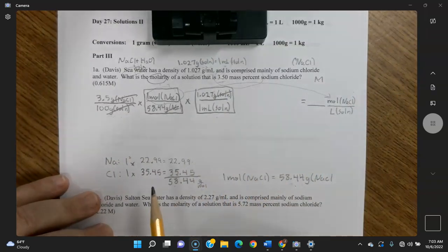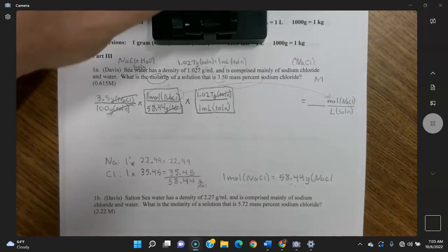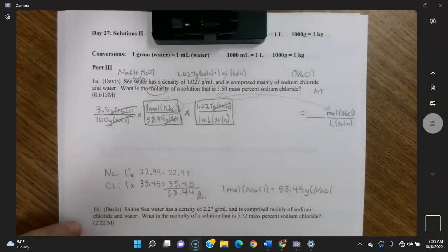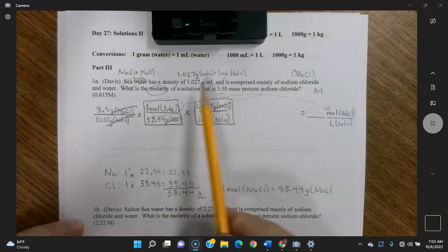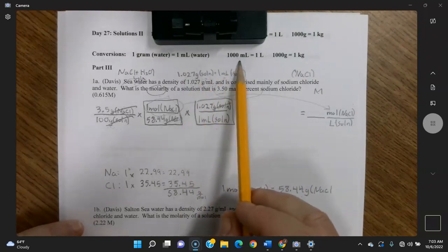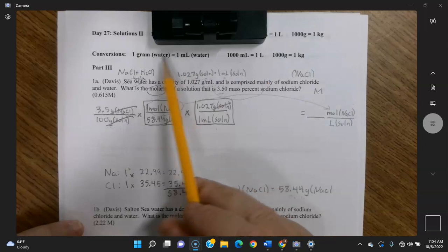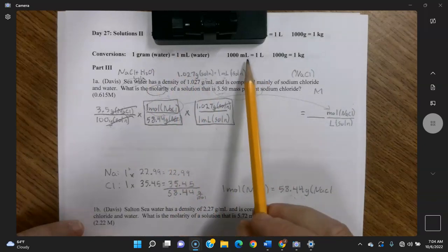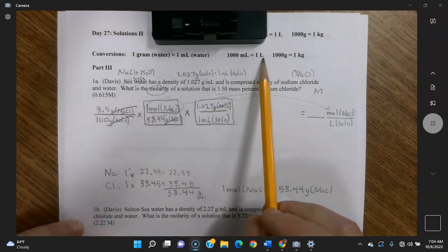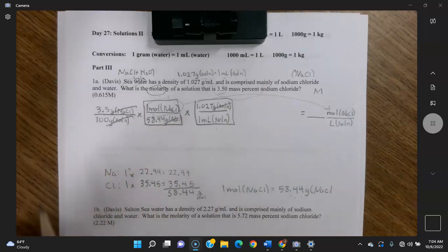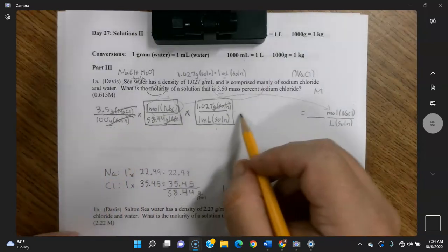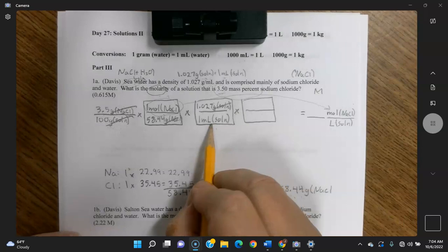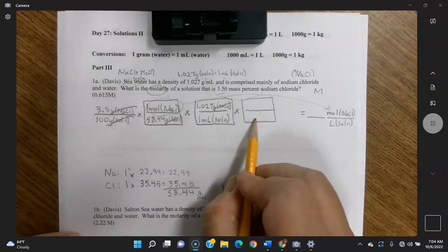We need to get to liters, so we can use one of our big three conversions up here, and that's the one that goes from milliliters to liters. It's not water, so we don't use this one. We don't need this one. It's just 1,000 milliliters of anything equals 1 liter of that same substance. So we're going to go ahead and draw another box here. We need milliliters to cancel out and liters to appear on the bottom.